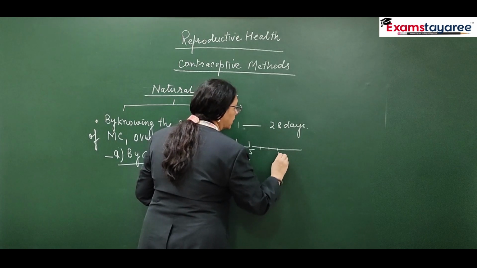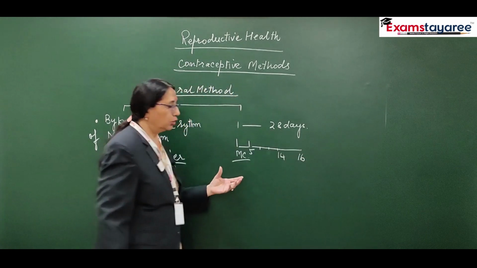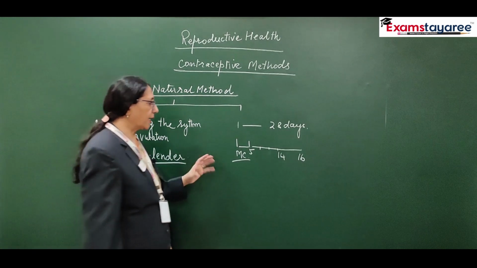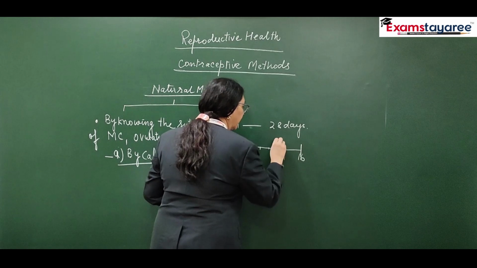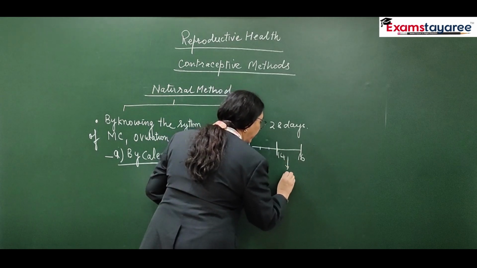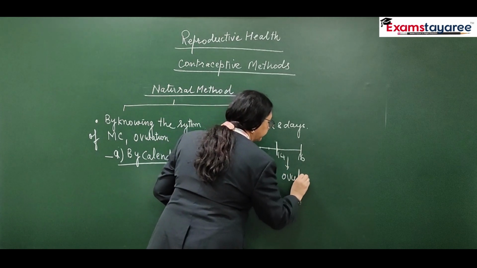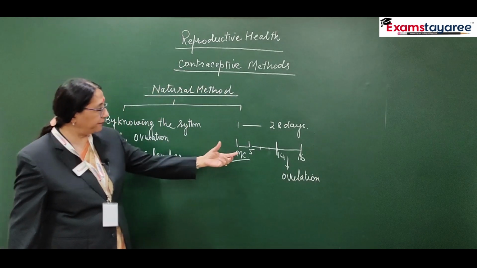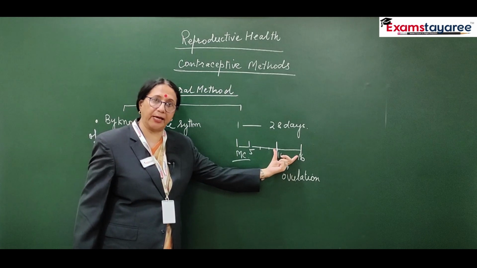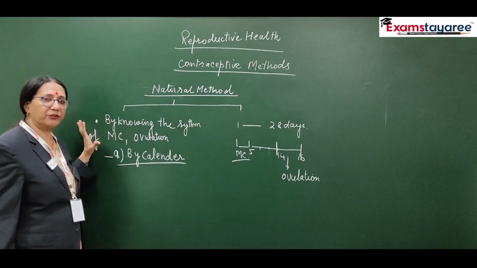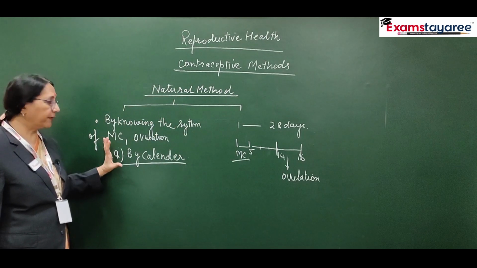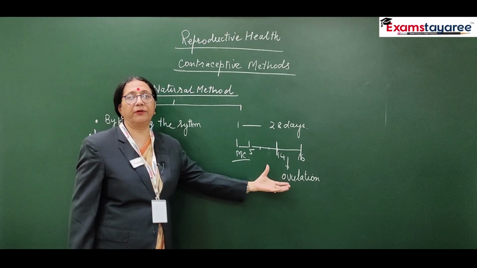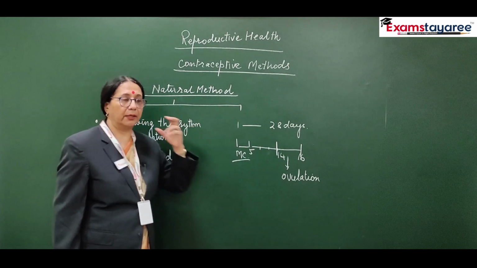So when she reaches the 14th to 16th day, we have already discussed in our hormonal cycle, this is the period in which ovum is released. Now, if during this period of time there is abstinence from sex, no physical relation, then there are chances that the female may not become pregnant.